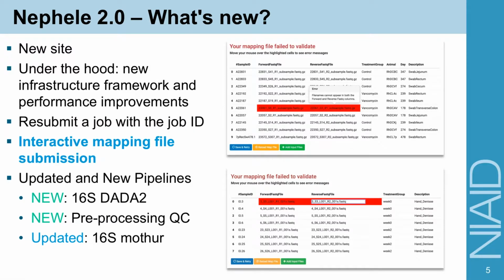And the other big front-end update that we did is you can now interactively edit your mapping file. We know lots of people had problems when the Nephele 1.0 getting the correct format for their mapping file. So we hope that this helps users. You can edit if there are problems in the website itself, and then submit your job.